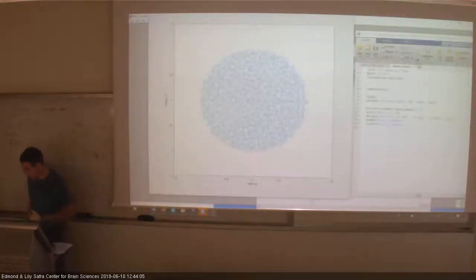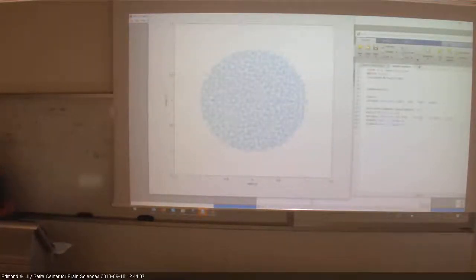Now, before telling you about the behavior of the network, one may want to ask about neurons in the brain. What can we say about the connectivity in the brain? Is it symmetric? Is it not symmetric?